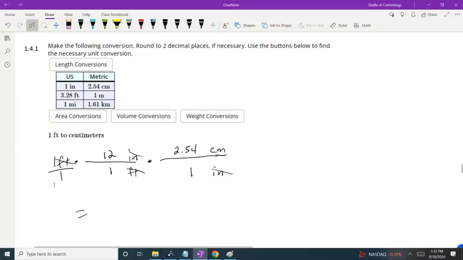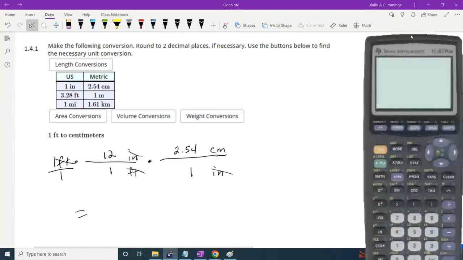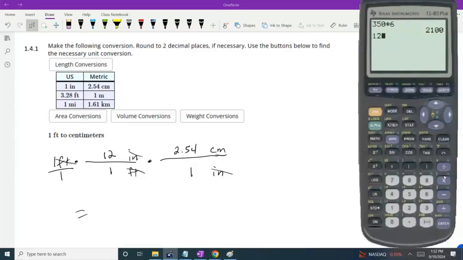If I multiply all my numerators, 1 times 12 times 2.54, that gives me 30.48. So we have 30.48 centimeters. So 1 foot is 30.48 centimeters.